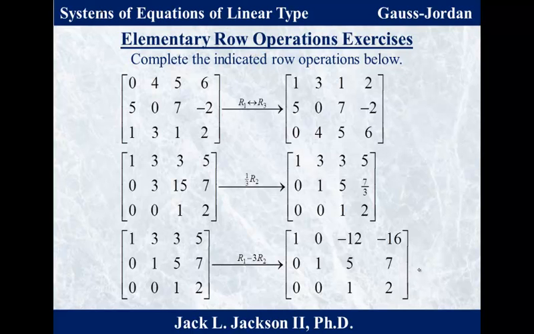And the answer goes back in row 1. So let's do this. -3 times 0 is 0 plus 1 is 1. -3 times 1 is -3 plus 3 is 0. And -3 times 5 is -15 plus 3 is -12. -3 times 7 is -21 plus 5 equals -16. Hopefully this is what you got when you worked it a minute ago.